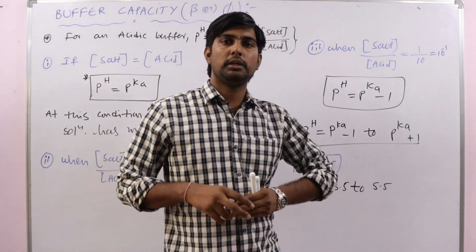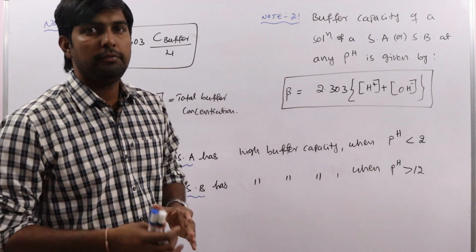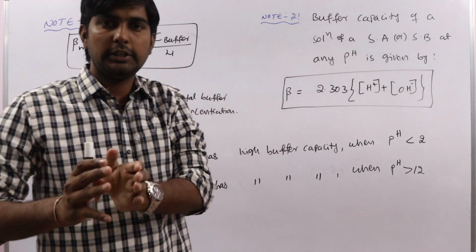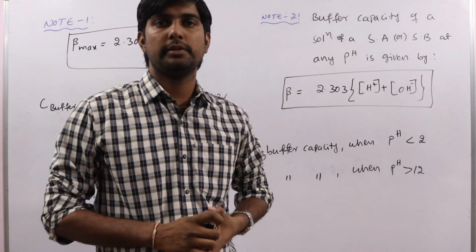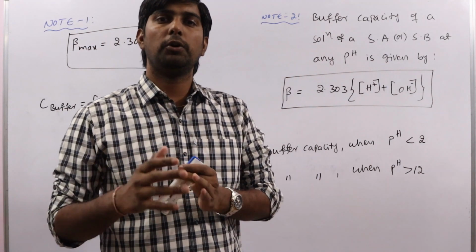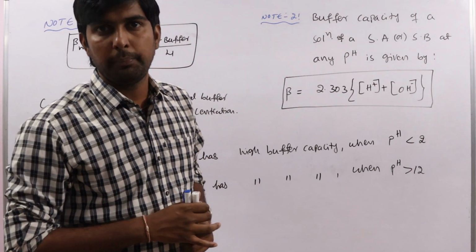Now let us discuss two more important cases. Already we discussed that when pH is equal to pKa, the buffer solution has maximum efficiency. In the case of a basic buffer, when pOH is equal to pKb, that buffer solution has maximum capacity.